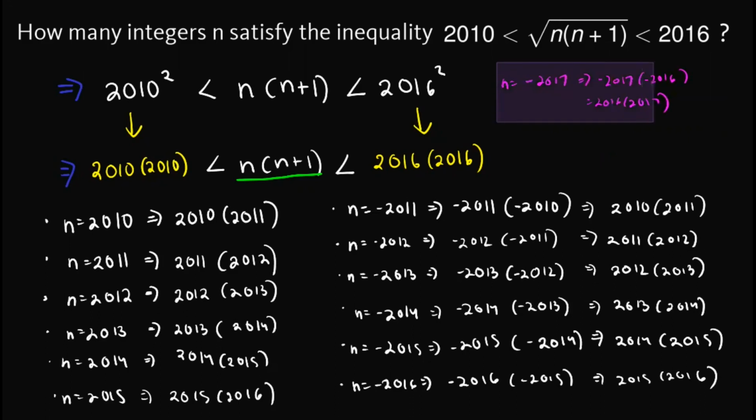And the same applies for values greater or less than those. So indeed, these are the only possible values of n that we have, since we have already explored the positive and the negative versions of n.